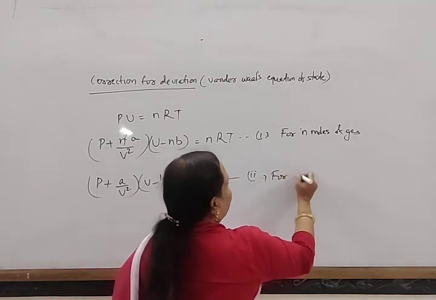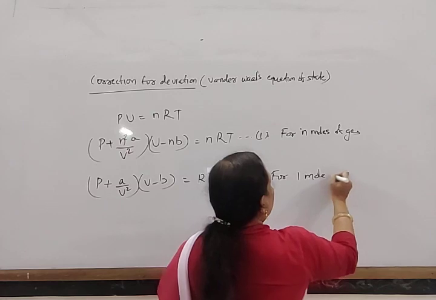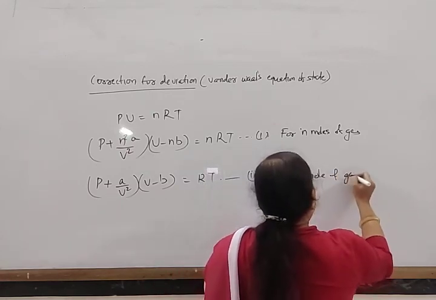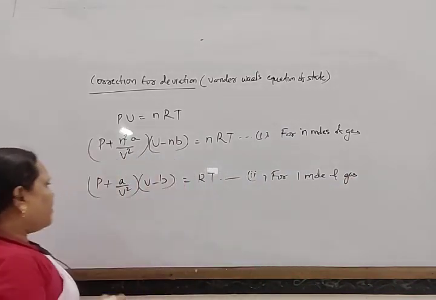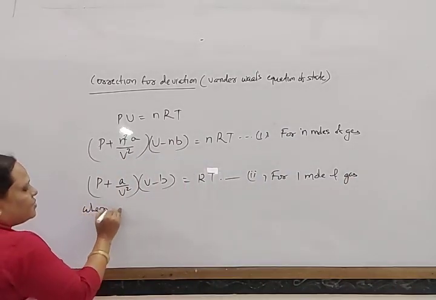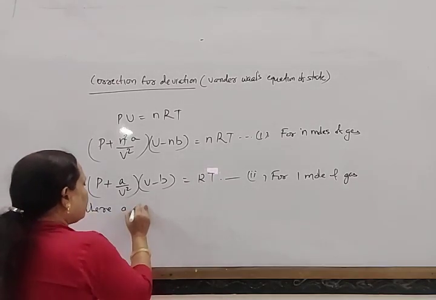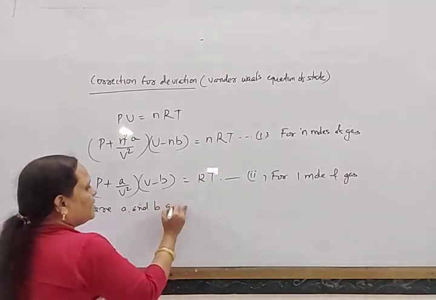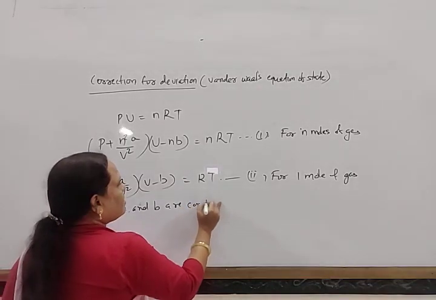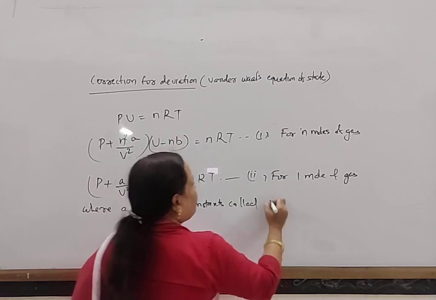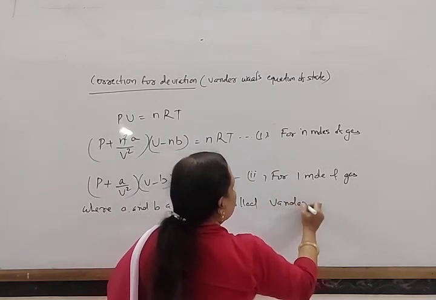It's for 1 mole of gas, where a and b are constants, called van der Waals constants.